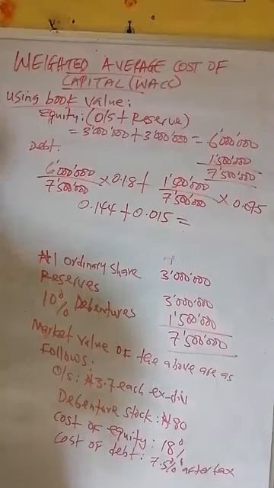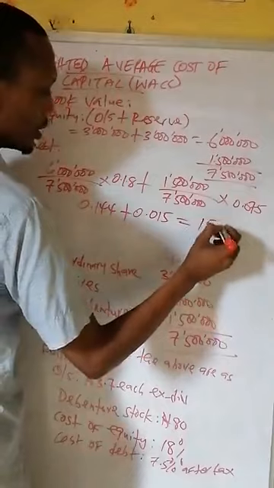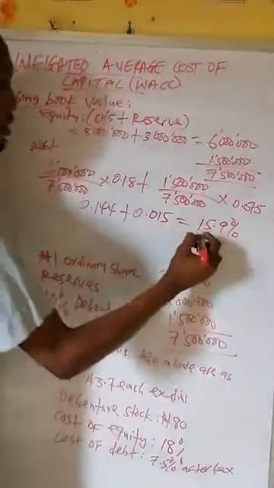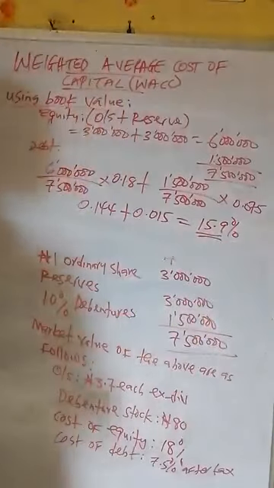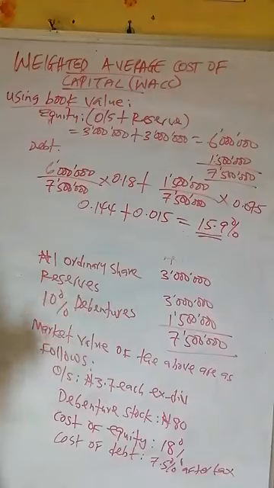So we have 15.9%. So this is the weighted average cost of capital for the company using the book value.